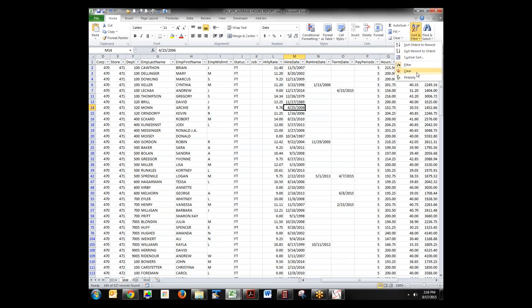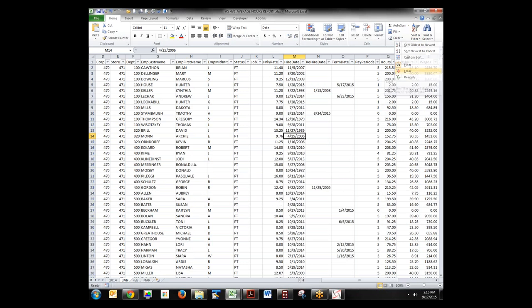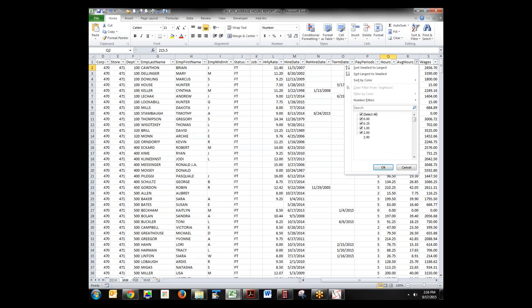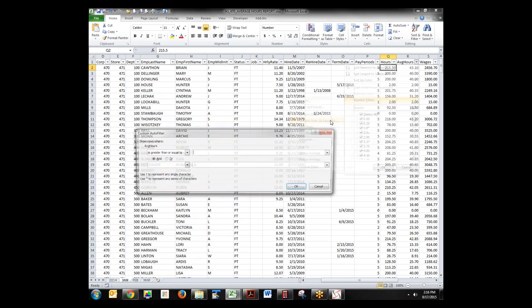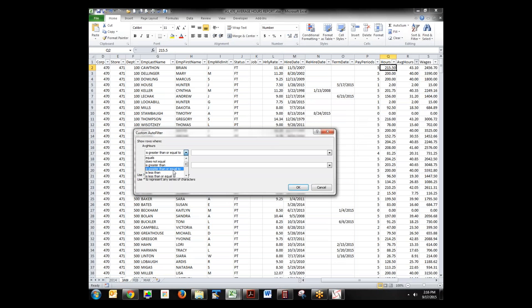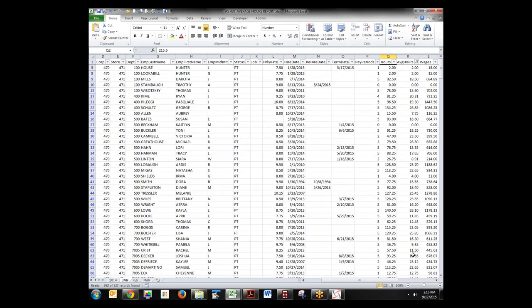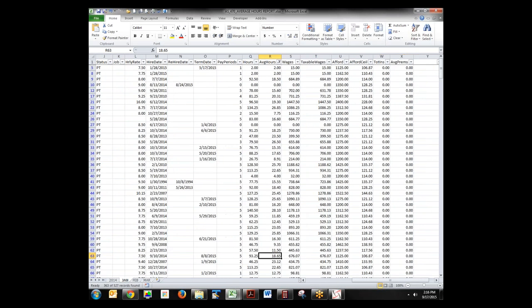So if I clear out my full-time filter, I actually want to just look at anyone that's under 30 hours now, because I already did the over 30 hours, so I want to do less than 30. Now basically I want to add up all these hours and then divide by the 120 hours per employee to get my full-time equivalents.